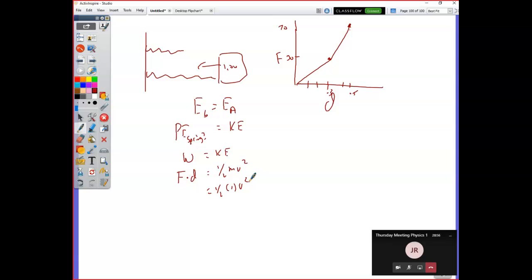So for force times distance, what am I going to do? Well, let's see. I don't know quite how to do distance. Well, how far do they push it in? 0.5 meters. 0.5 meters, okay. So that'd be distance. Would that be the distance?